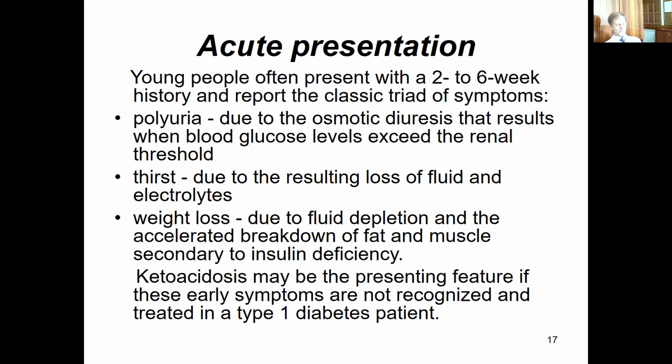During this breakdown of fat, we have formation of so-called ketone bodies. This is acetone, beta-hydroxybutyric acid, and acetoacetic acid. And these are normal products. They may be found in your blood, in my blood.